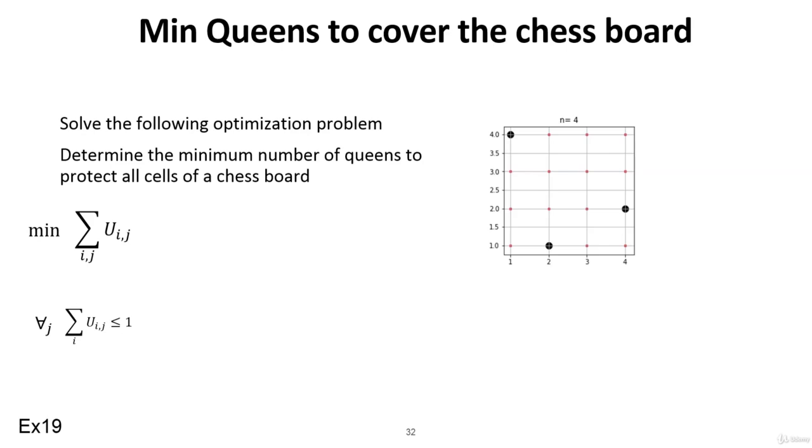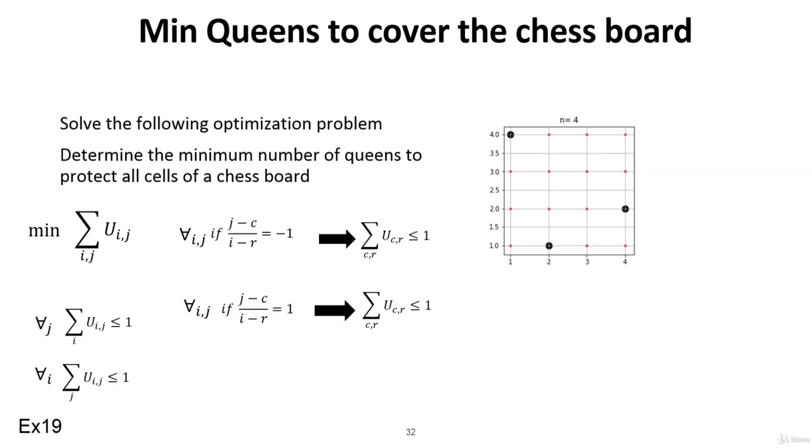For every given column j, if we do the summation over the rows, there will be not more than 1 queen on each column, and also not more than 1 queen on each row, on each anti-diagonal, and on each diagonal. So these 4 conditions are designed for queens not to attack each other.